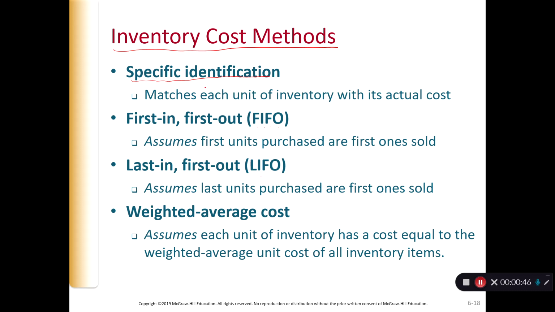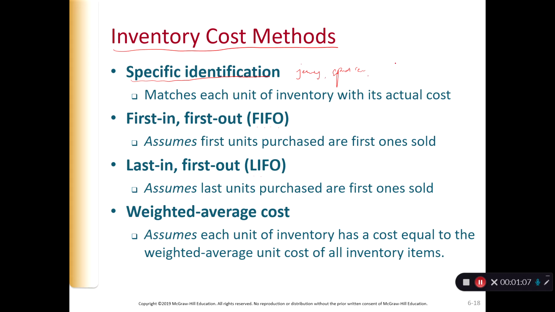The specific identification method is matching each unit of inventory with its actual cost. For example, in a jewelry store or a sports car store, the sales force can always identify each item that is sold to the customer.